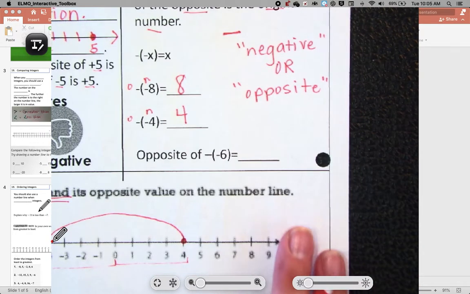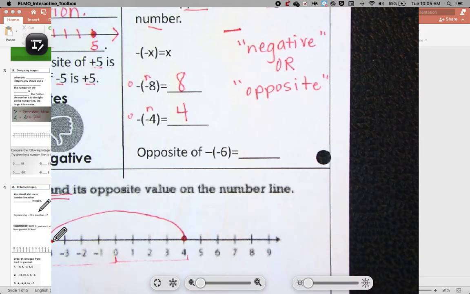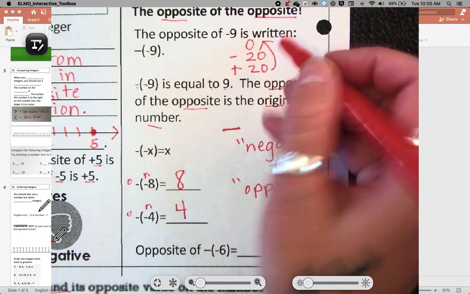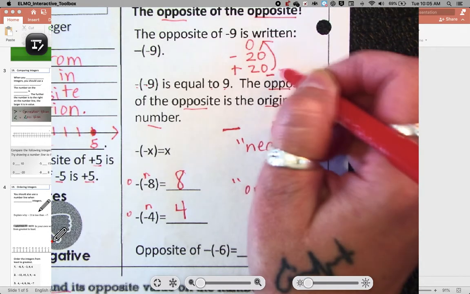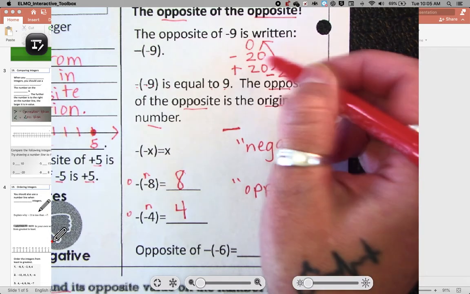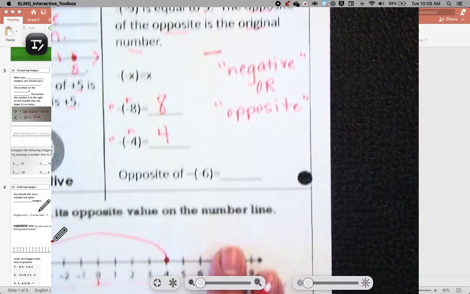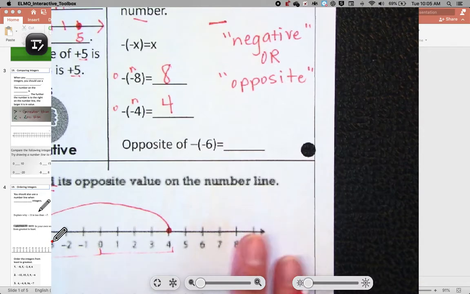Now, every once in a while, there might be one test question about the opposite of the opposite of the opposite, okay? Because just right here, if you were overdrawn 20 and put 20 back in and then took 20 back out, you know, sometimes we have situations where there are more than one negative or opposite.